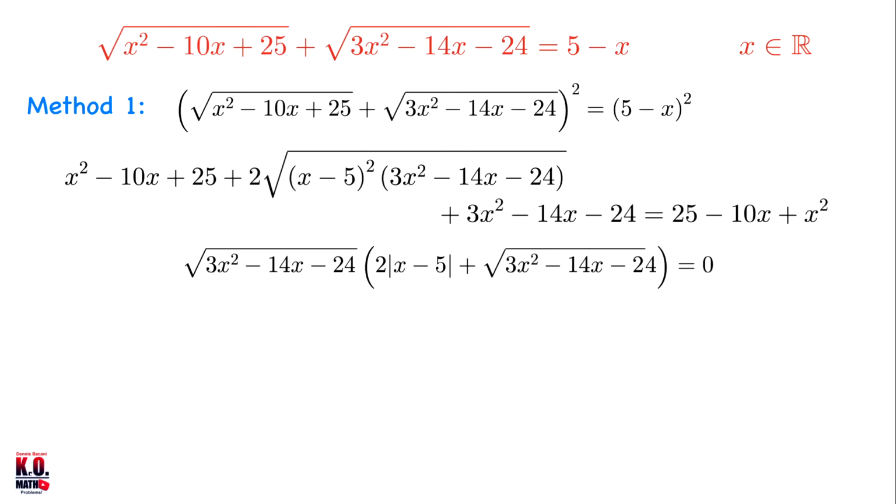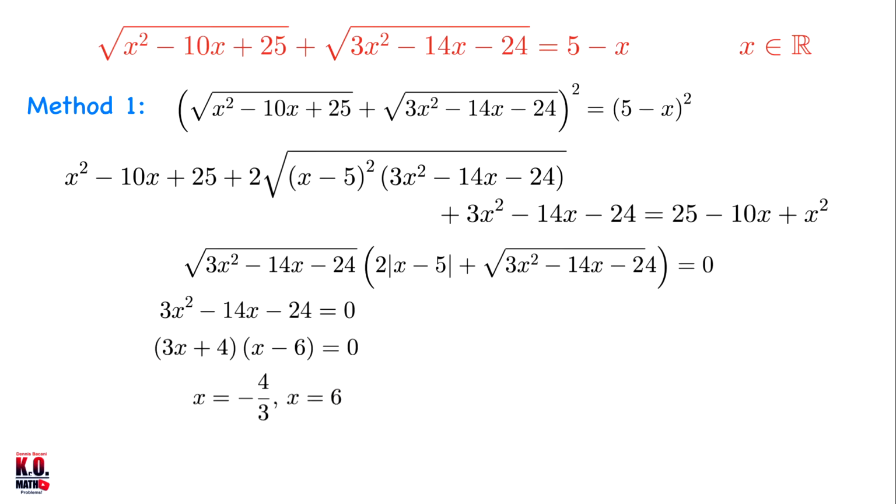Now, this first factor here is equal to 0 if the radicand is equal to 0. And this trinomial here can be factored to 3x plus 4 times x minus 6. Therefore, we get the values of x, which are negative 4 over 3 and positive 6.